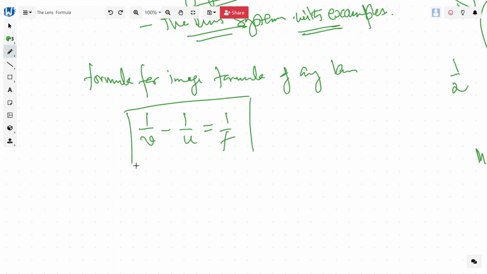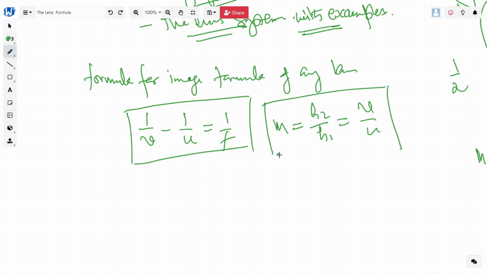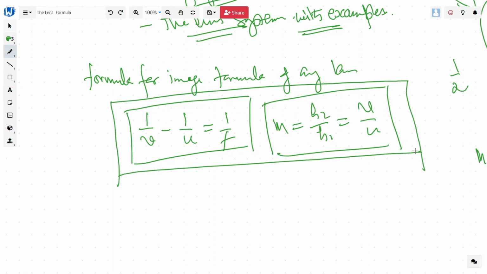If we know any two, we can find the third one. Similarly the magnification is given by h2 by h1, and this is also equal to v by u, right? So if we know the magnification, we can always find v or u and their relationship, and by using these two formulas we can always find the exact nature of the image and things like that.